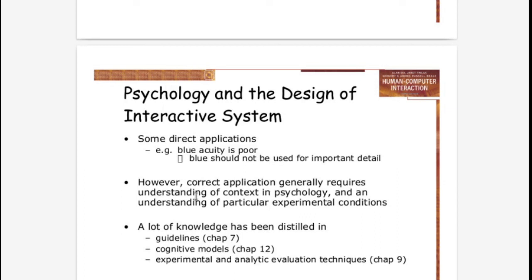Lastly, we can generalize some characteristics of the users, but in conclusion, all users are different. So when we design any interactive system, we look to our target group and to their states of emotion.